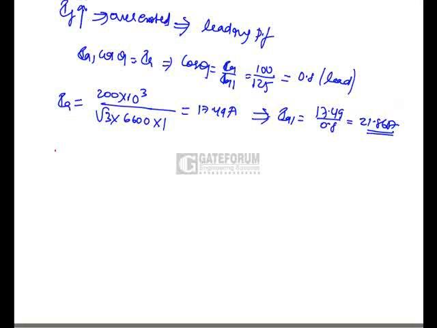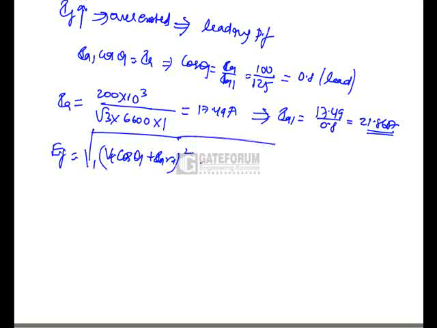Now what is the induced EMF EF? EF is the square root of (Vt cos theta 1 plus Ia Ra) whole square plus (Vt sin theta 1 plus Ia XS) whole square. Since we have negligible armature resistance, that part is 0.